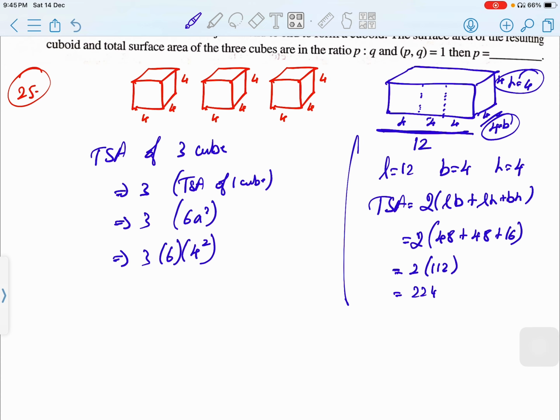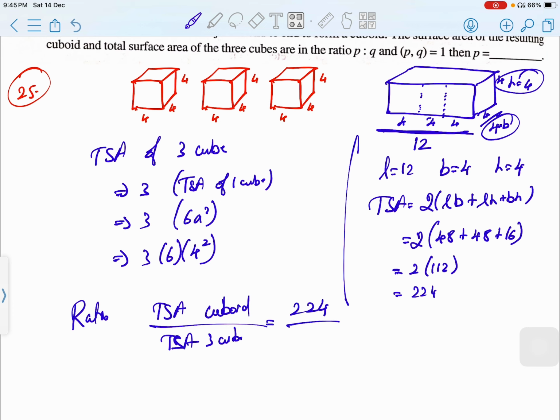That is your total surface area of the 3 cubes. No need to evaluate because we are going to find the ratio. So ratio of TSA of the cuboid by TSA of 3 cubes. So 224 divided by 3 into 6 into 4 into 4.